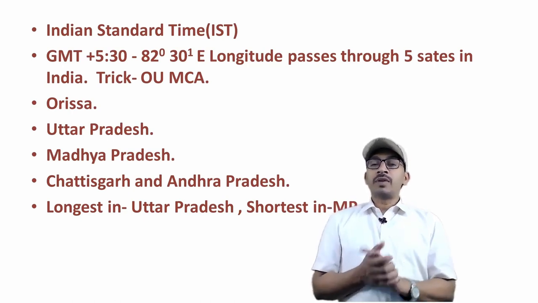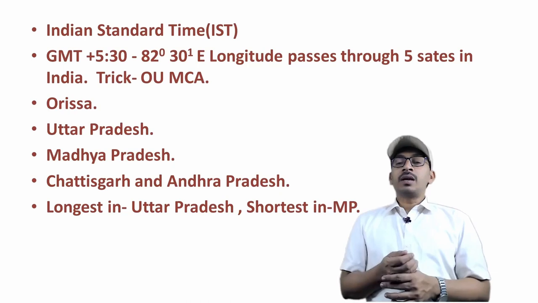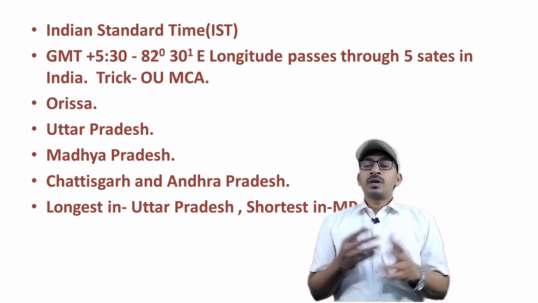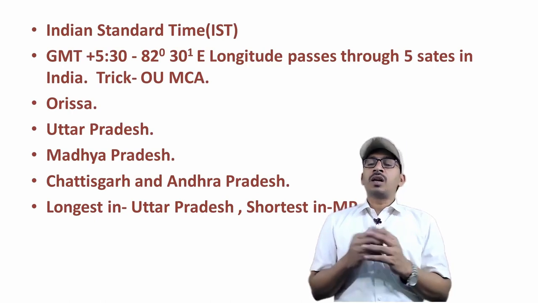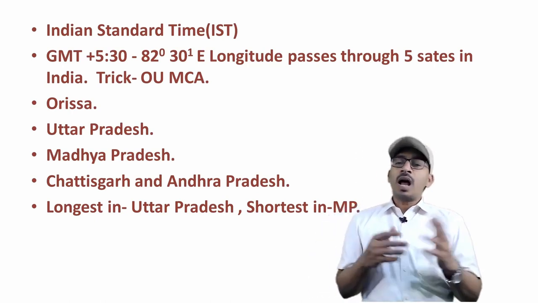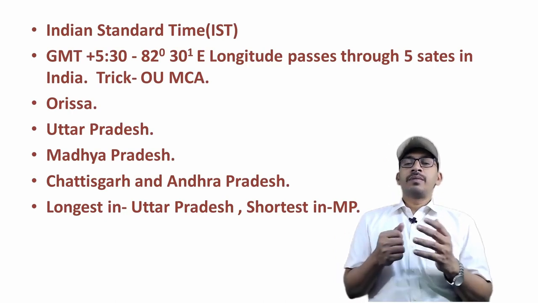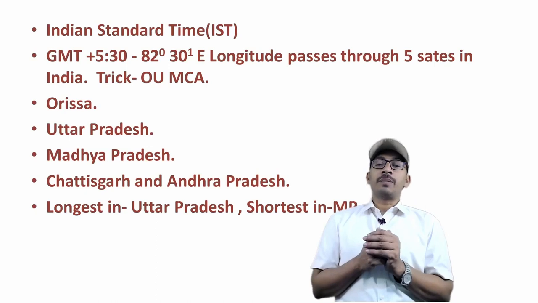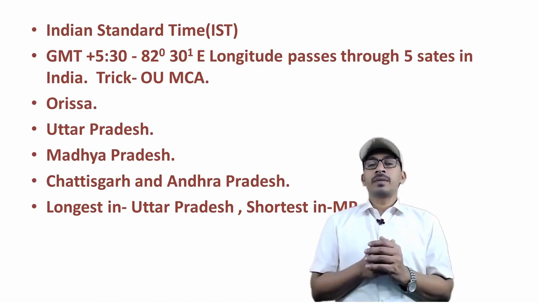The time in Gujarat will be 8. The time in Arunachal Pradesh will be 10. So there will be a lot of confusion, a lot of problems in travel, transport, all kinds of issues will be faced by people if we follow different times in different parts of our country.